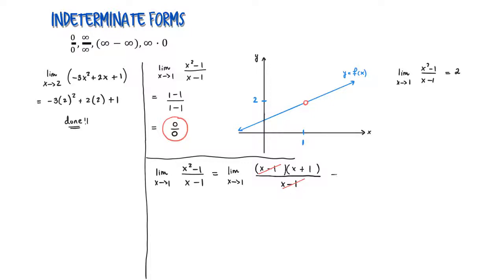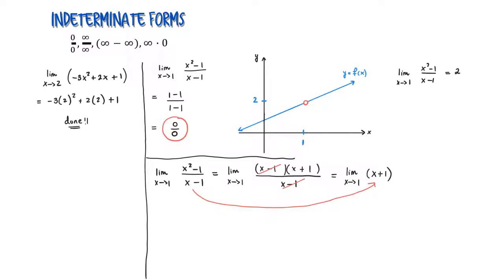And I am going to be left with the limit as x approaches 1 of x plus 1. So what I am finding out is that this expression right here, the original function, matches perfectly with this line x plus 1, except at 1.